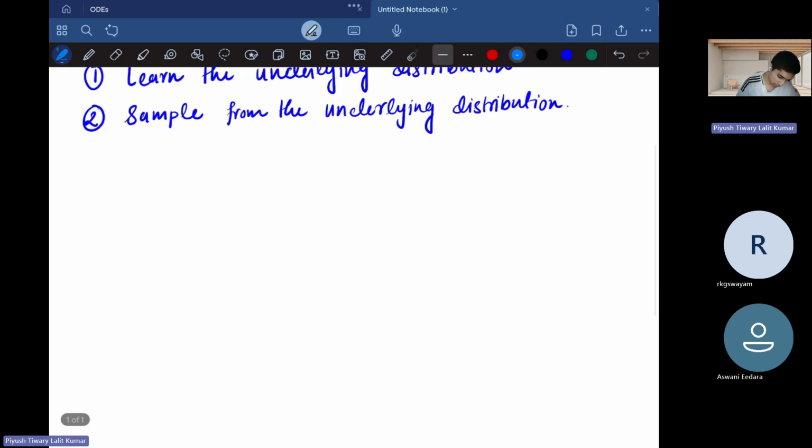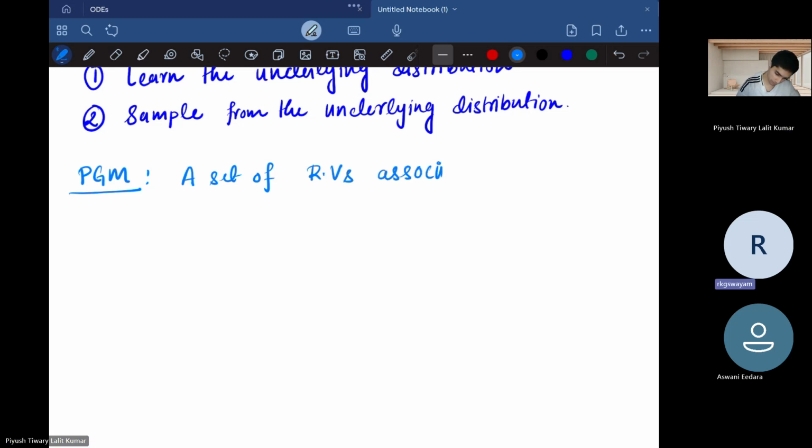What is a probabilistic graphical model? There is a very simple way to say what a PGM is. It is nothing but a set of random variables associated with a graph structure.